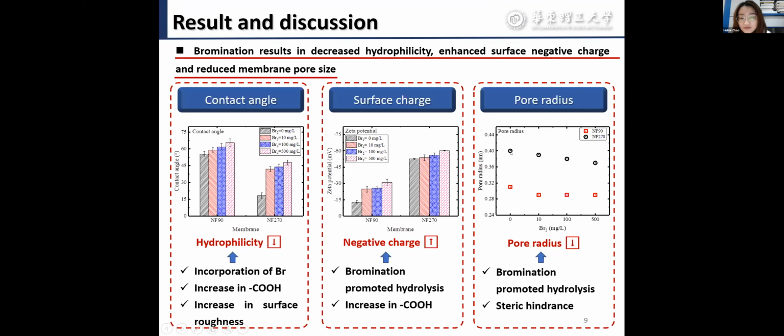And for NF270, it decreased from 0.40 to 0.39 nanometers. The competing effect of hydrolysis promoted pore opening and steric hindrance induced pore blocking might be responsible for the effective pore radius variation.